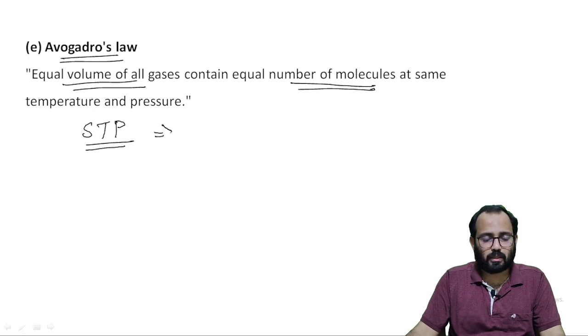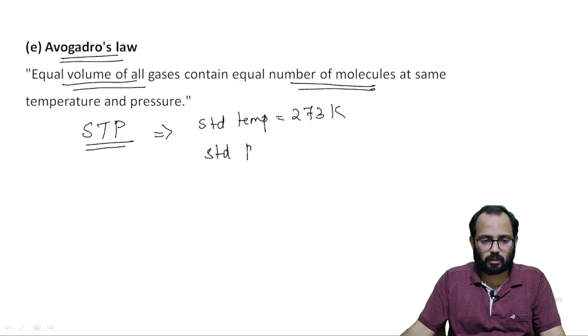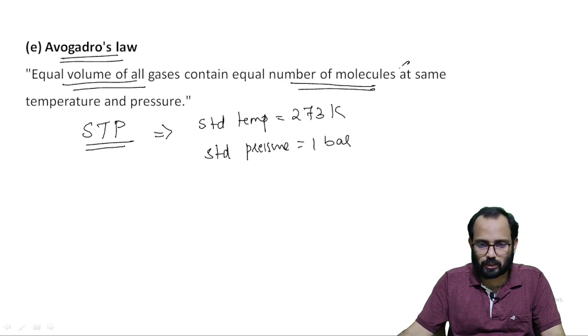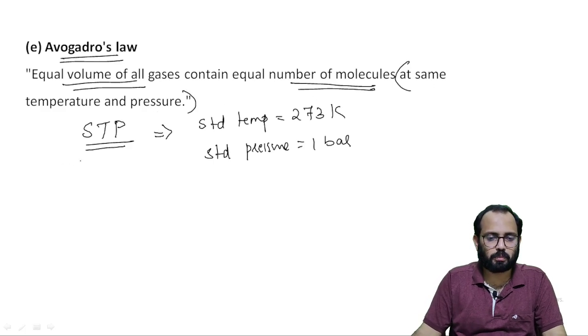What is the STP condition? Standard temperature and pressure. Let's say the standard temperature is 273 Kelvin, and the standard pressure is 1 bar. So this condition is satisfied at the same temperature and pressure.